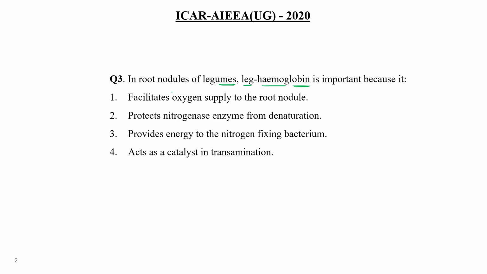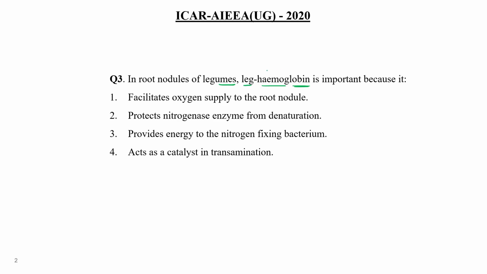It facilitates oxygen supply to the root nodules, or it protects nitrogenase enzyme from denaturation, or it provides energy to the nitrogen fixing bacteria, or it acts as a catalyst in transamination. What is the correct answer? Just take 5-second time. After that, we will discuss the correct answer.